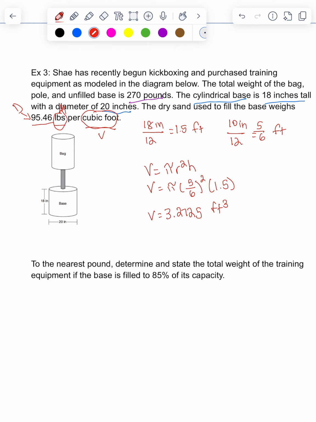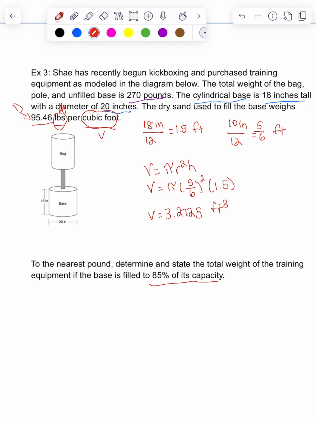Okay, so that's the volume of the entire base of the training equipment, but it says that we're determining the weight of the training equipment if the base is filled to 85% of its capacity. So not if it's filled up all the way. We need 85% of its capacity. So to find 85% of its capacity, I'm going to take our volume and multiply by 85%. In order to multiply by a percent, you have to change it into a decimal by dividing by 100.